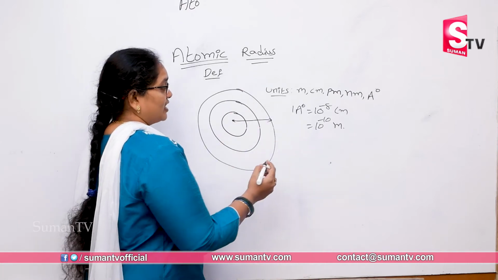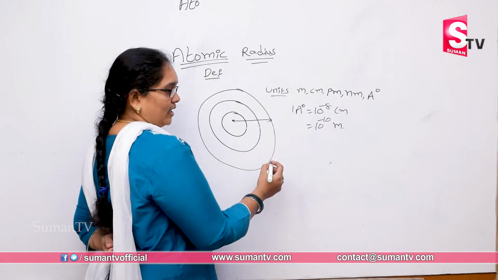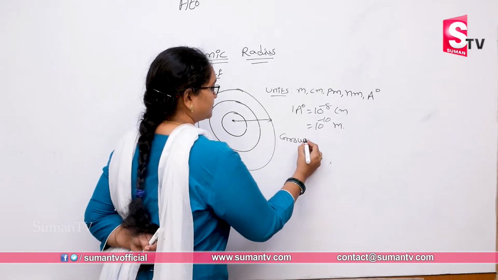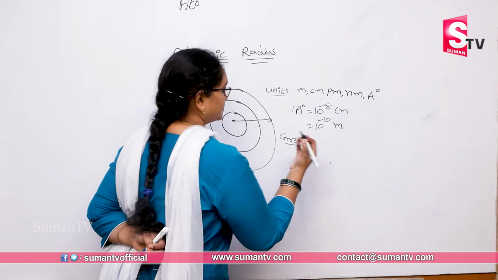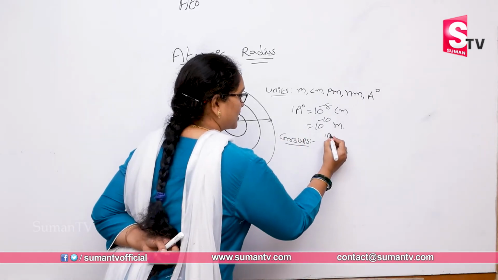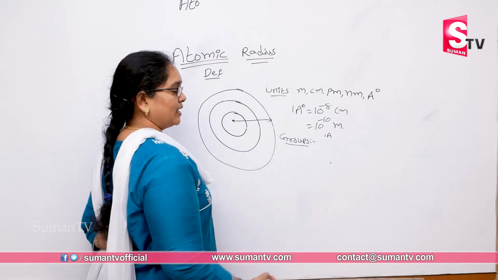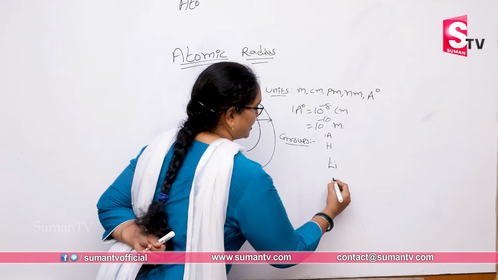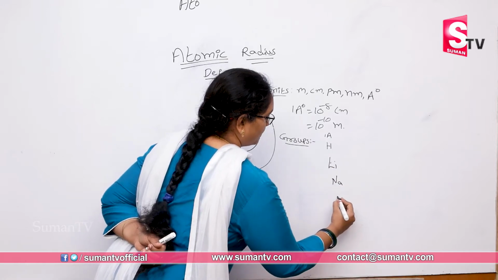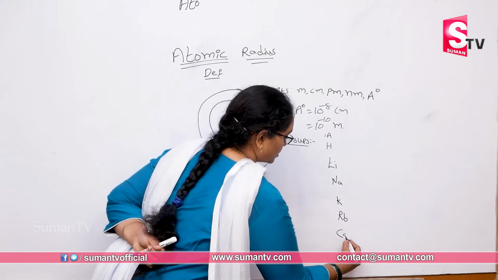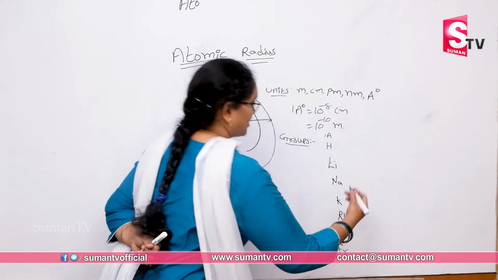Next, how does it change in periods and groups? First we will discuss groups. Consider the first A group elements: hydrogen, lithium, sodium, potassium, rubidium, cesium, francium.